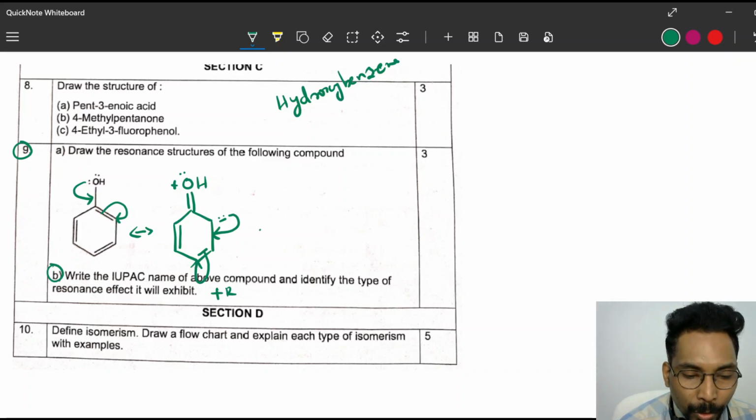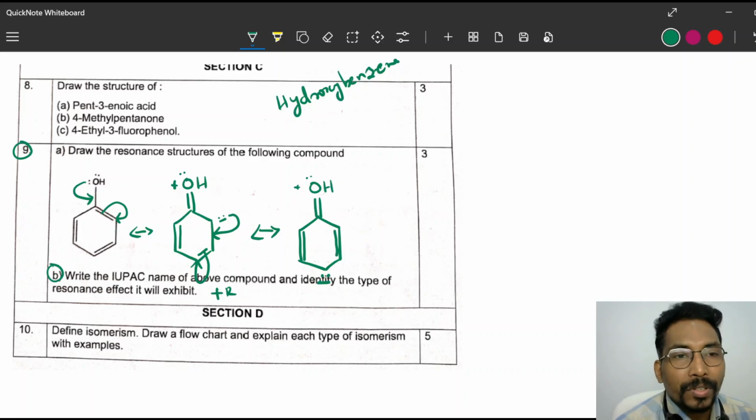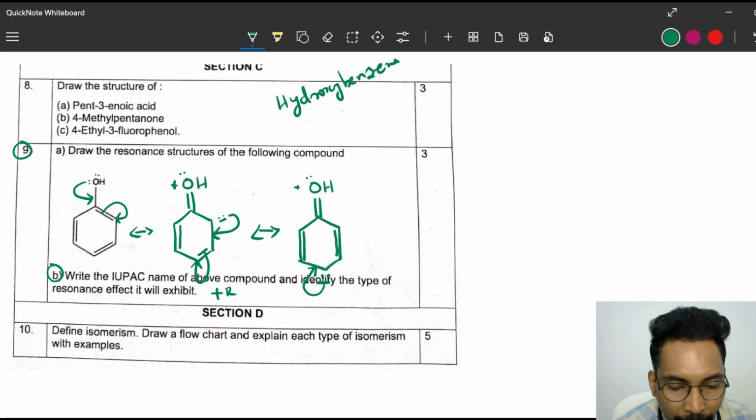Okay, so I can draw the structure like this: OH, then double bond, so here one double bond is there already, and here one double bond, and here the negative charge. Clear? Now what happens next? This negative charge electron pair will move to this particular place.